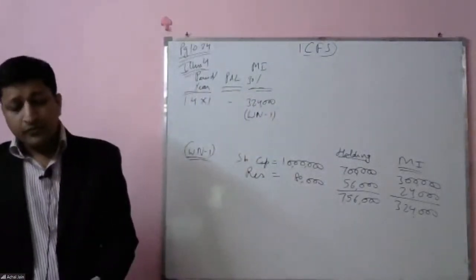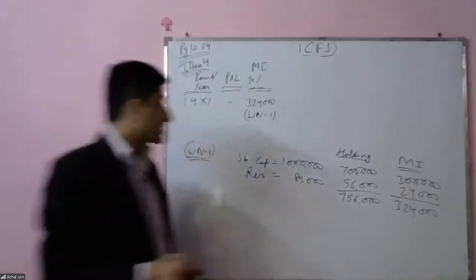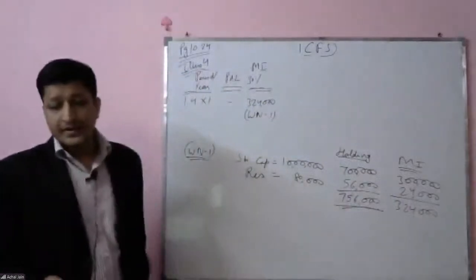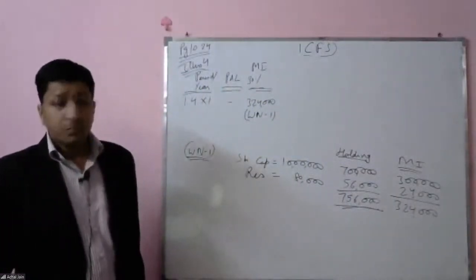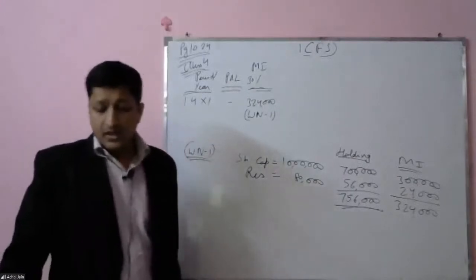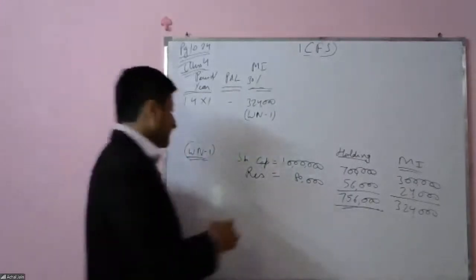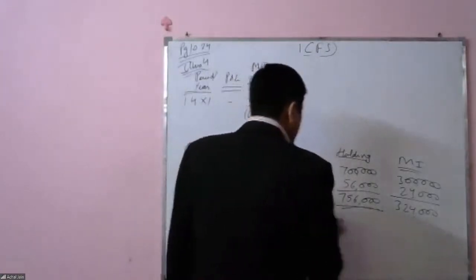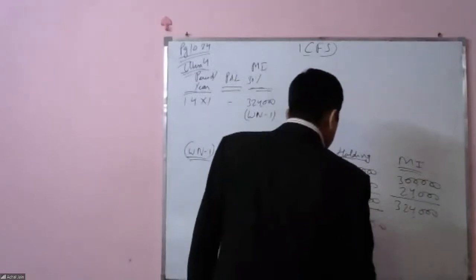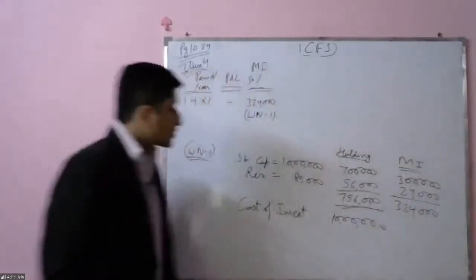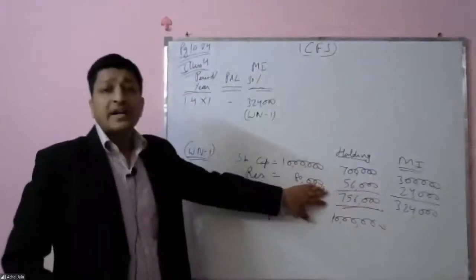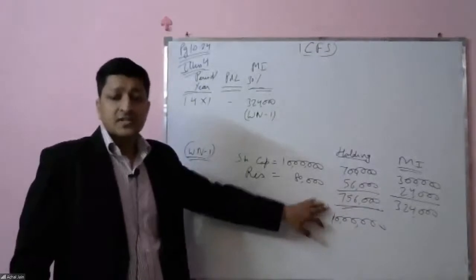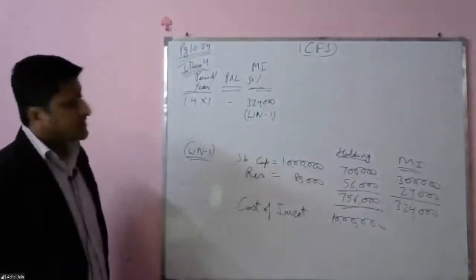In terms of cost of investment, this is the proportionate share in the net assets of the subsidiary. What's the cost of investment? 10 lakh. So this is the portion of net assets and this is the amount of purchase consideration. What do we have in this situation?